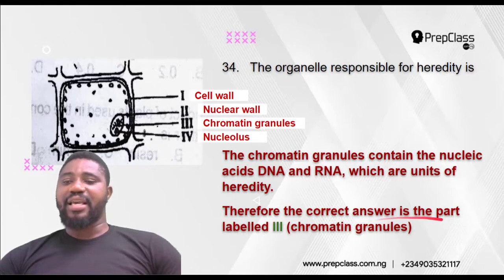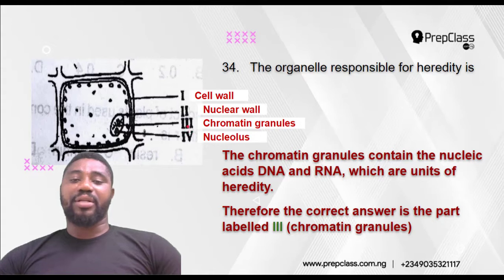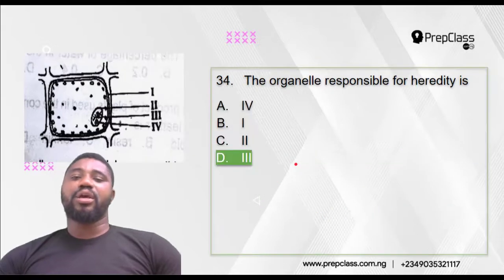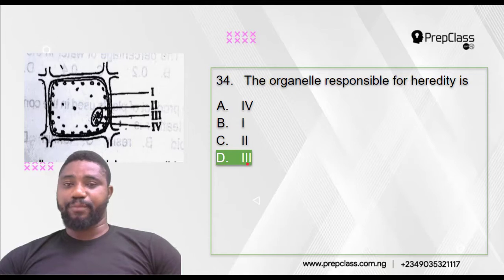Therefore, the correct answer is the part labelled 3, chromatin granule. It is responsible for heredity because it contains DNA and RNA, which are units of heredity. So the correct answer to this question is option D, which is 3.